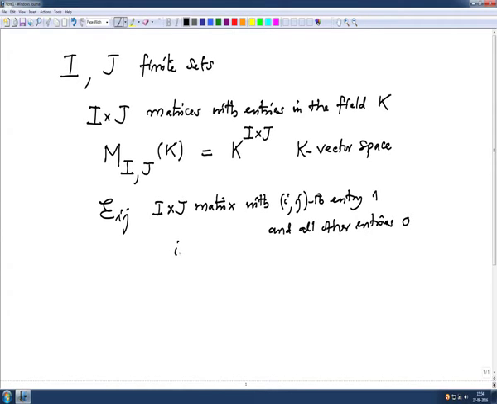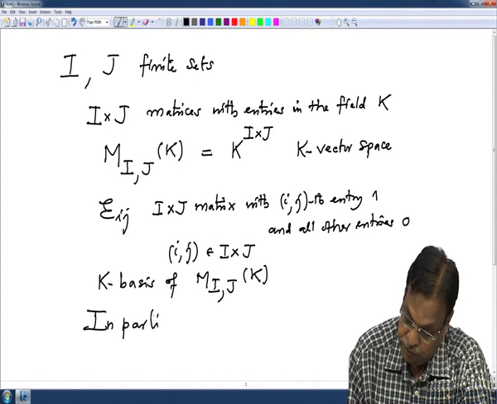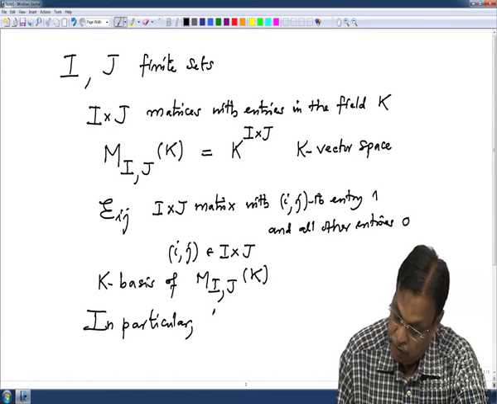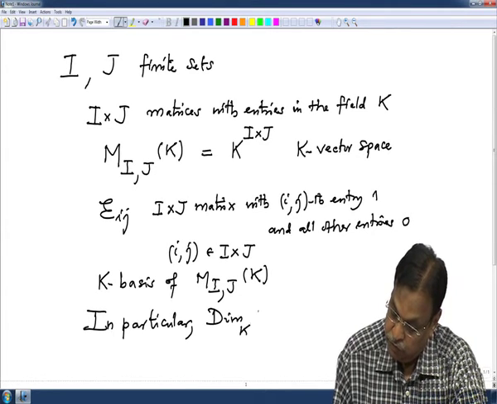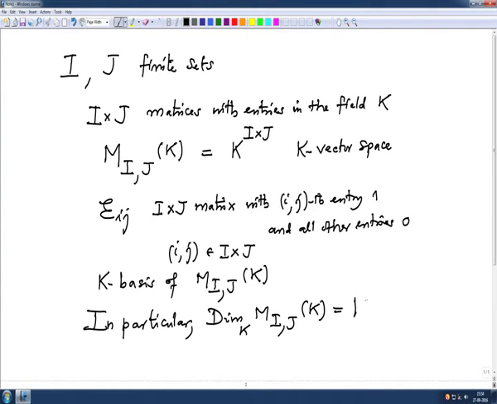And with (i, j) running in I cross J, this is clearly a K basis of this vector space M_{I,J}(K). In particular, the dimension of this vector space is the cardinality of I cross J, which is cardinality I times cardinality J.